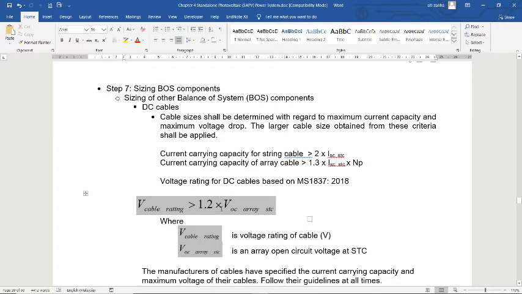This voltage comes from the number of PV modules that you connected in series. So you need the VOC STC for the PV modules that you already connected in series. When you connect in series, the voltage will sum up. So V cable rating is the voltage rating of the cable, and VOC array STC is the array open circuit voltage at STC.